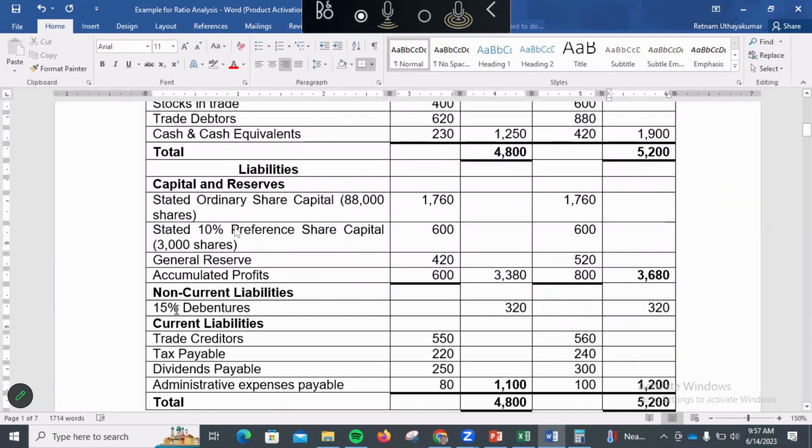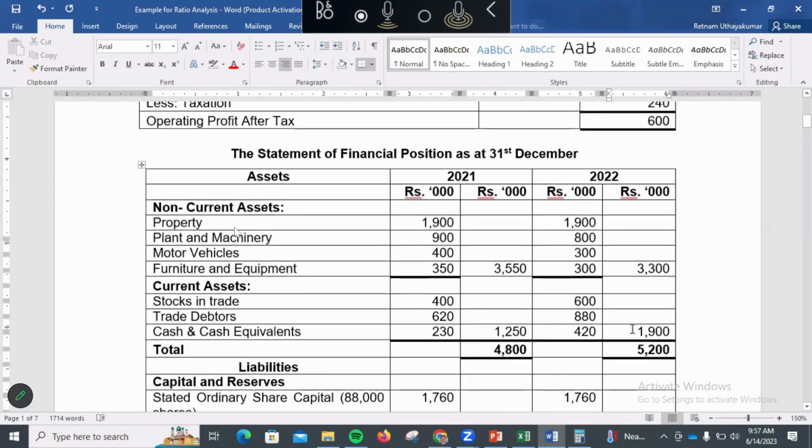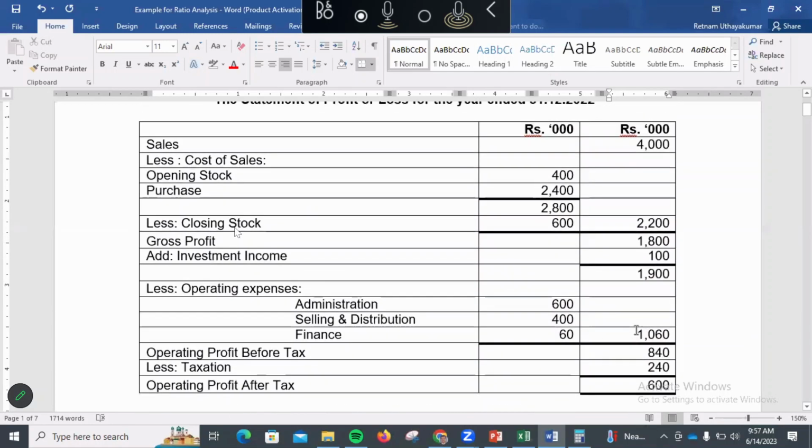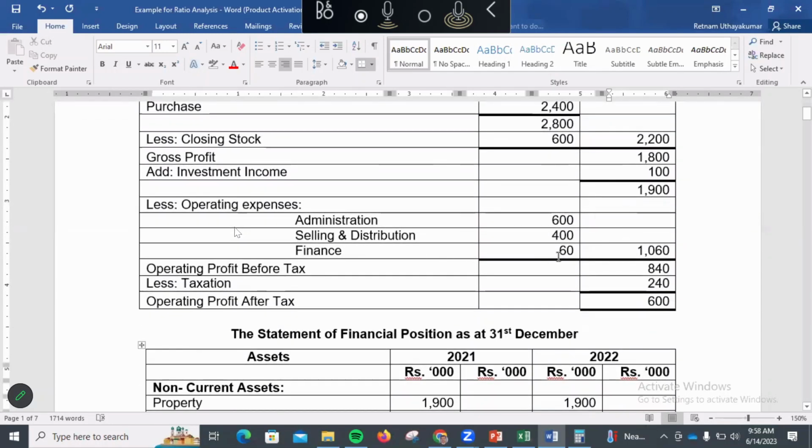So 15% annual debenture, and the interest would be 48, the 48,000. So you identify 48. This is included here in the finance. So from the profit after tax 600, you add back the 48.